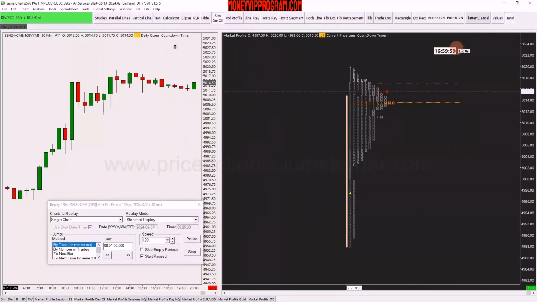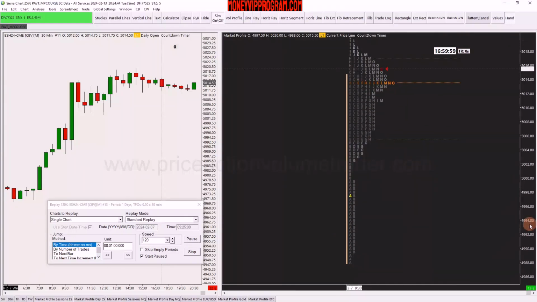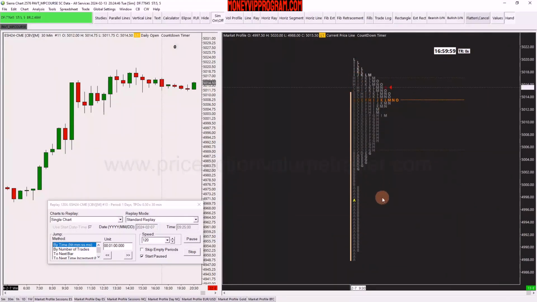Right there, we closed the session. So this is the resultant market profile for that day. So we had our open here, a very wide initial range from period A and B. We had our close up here, which this is a bullish sign, the fact that we opened down here and then we ended up closing near the highs.